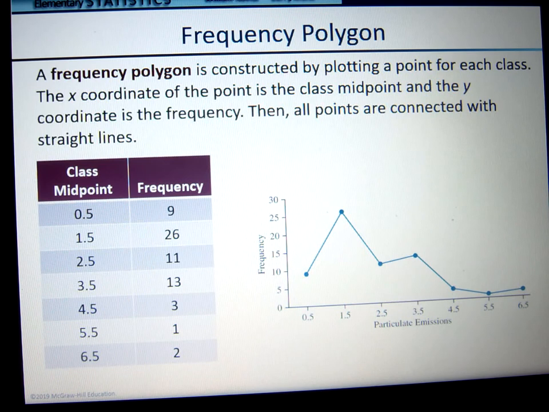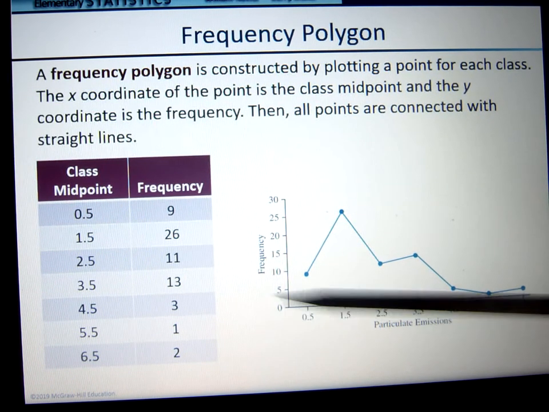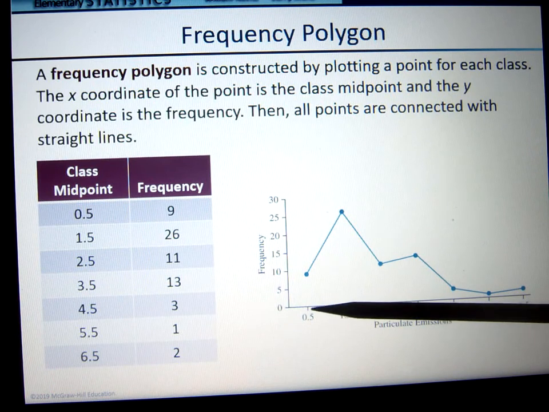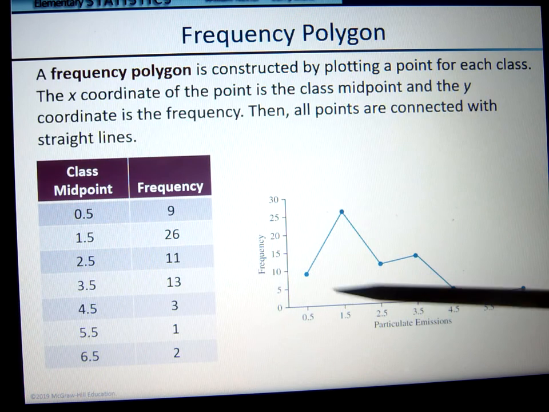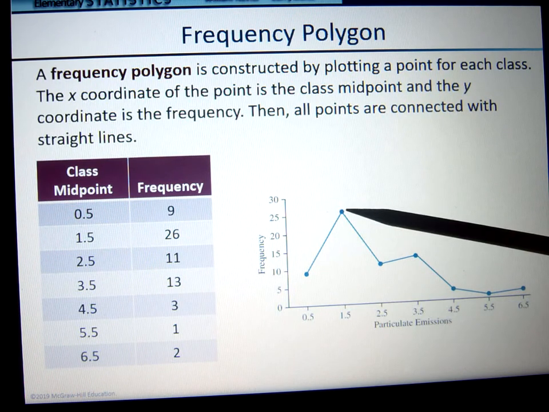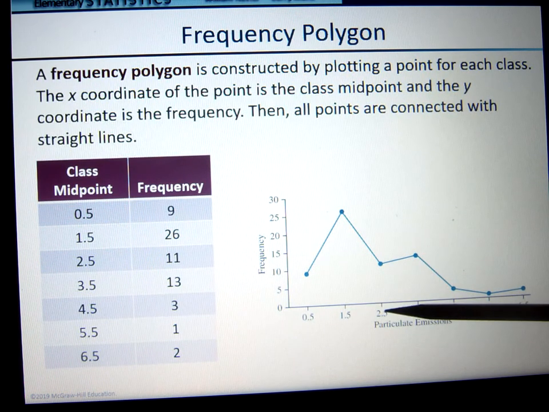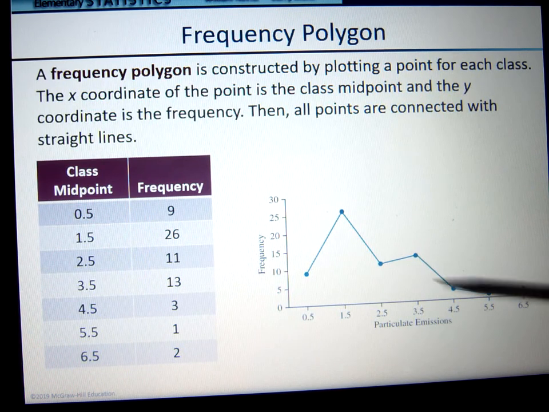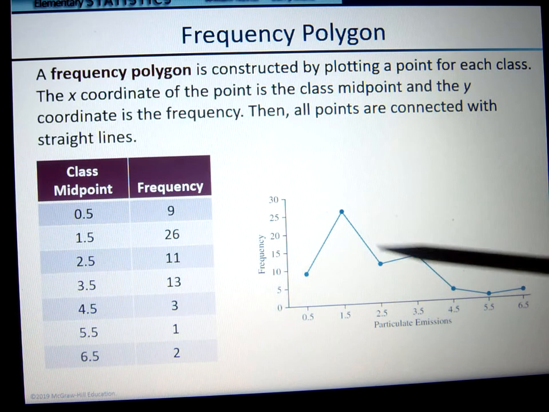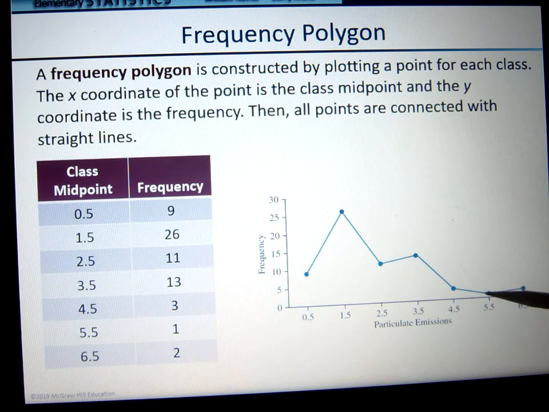So now I'm going to be doing a line graph where I plot these points: 0.5 and 9, 1.5 and 26, 2.5 and 11, etc. And then I connect these. This is called a frequency polygon.